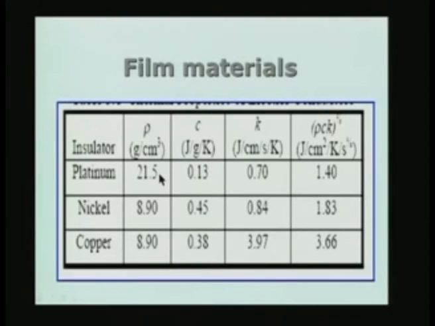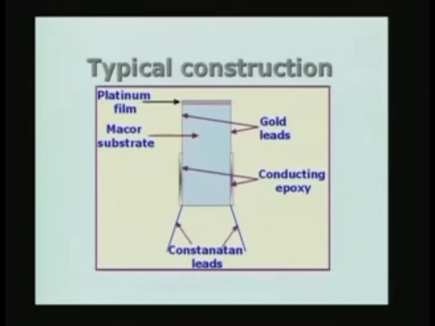Platinum is a very useful material, because we have already seen that platinum is used as an RTD material, and its properties are very well known. So platinum film sensors are used in practice.